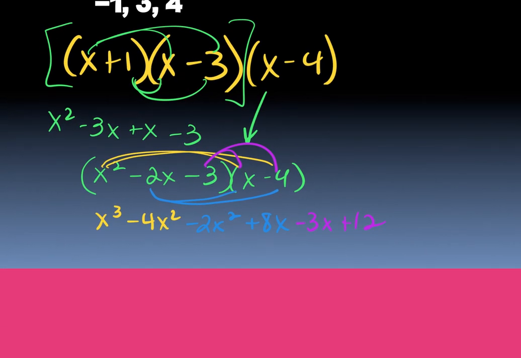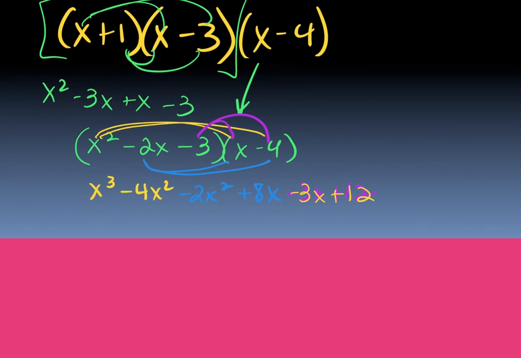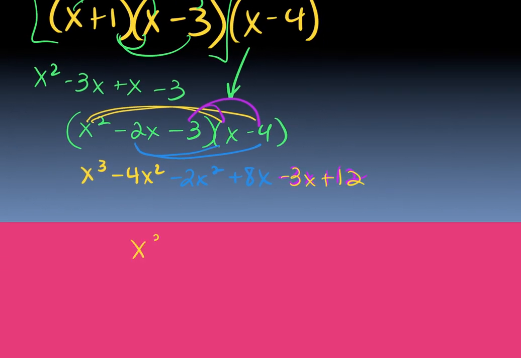And then combine them all together at the end. So there is an x to the third. There are 2 x squared terms, so negative 4x squared minus 2x squared is negative 6x squared. There are 2 x's to the first, positive 8x, negative 3x would be positive 5x, and then plus 12, the constant by itself.